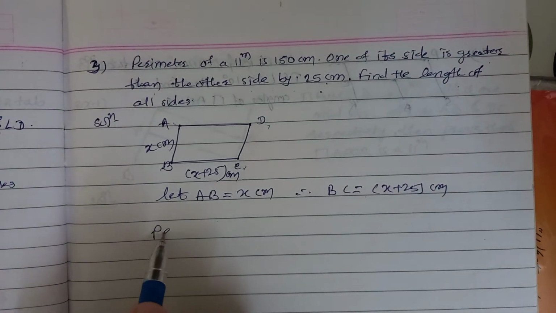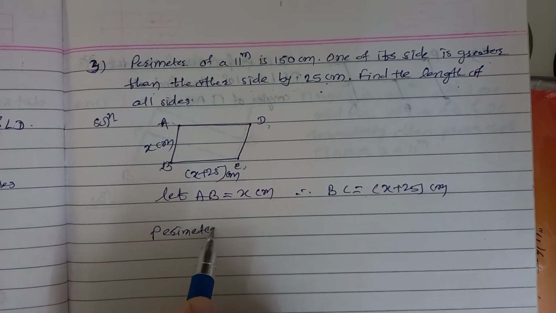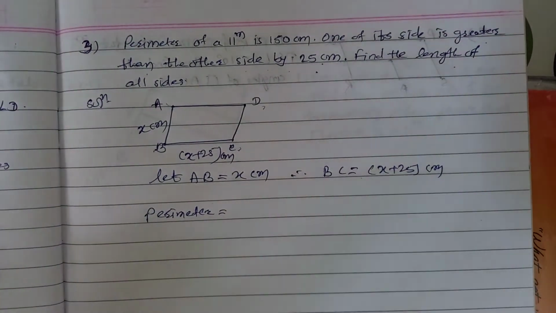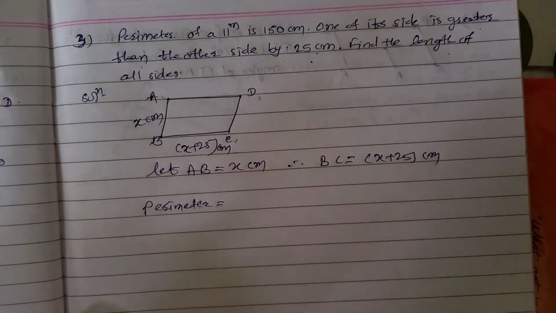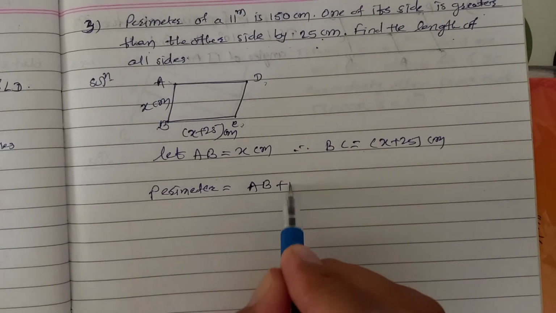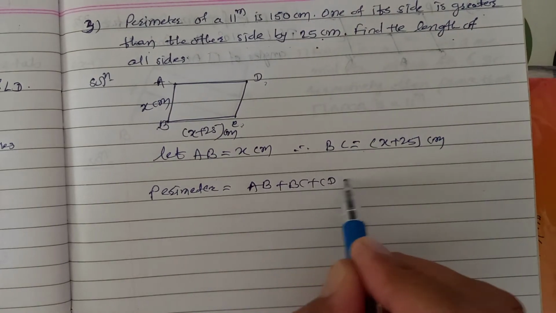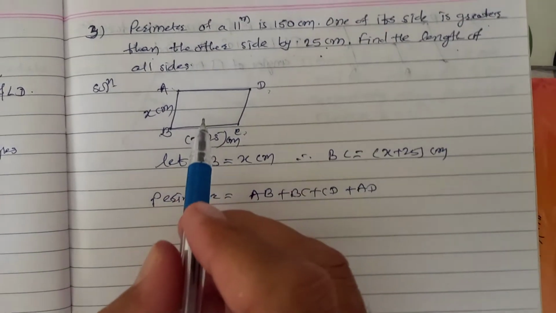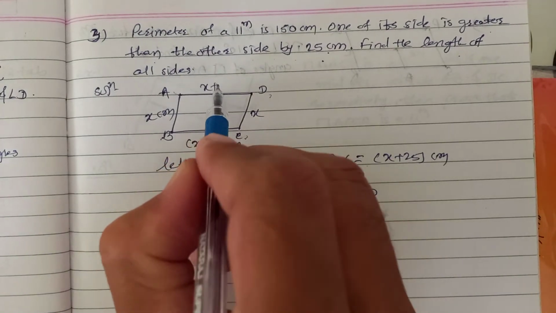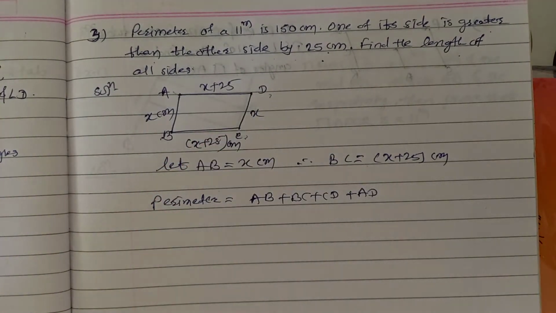So perimeter is equal to AB plus BC plus CD plus AD. We know opposite sides are congruent. This is x, so this is also x. This is x plus 25, so this is also x plus 25.